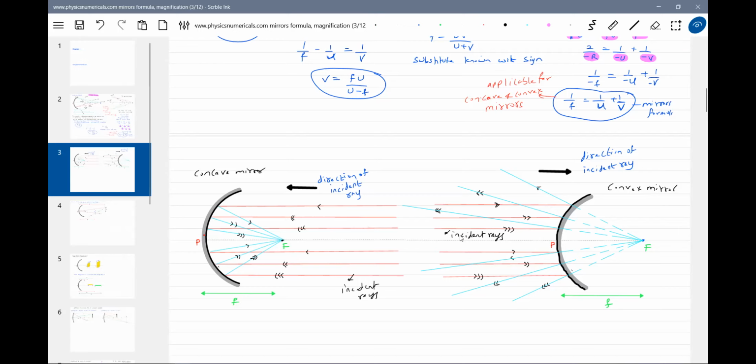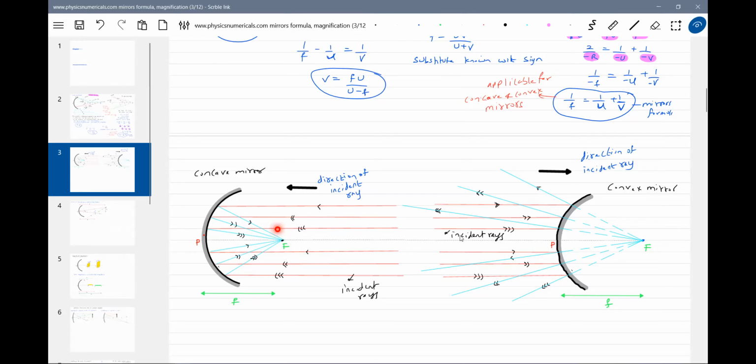Now, if the object is at infinity, I'm going to take help of this formula. Object at infinity, where will the image be? If I put u equal to infinity, the image will be at the focus. So then we'll define the focal length. How do we measure the focal length?